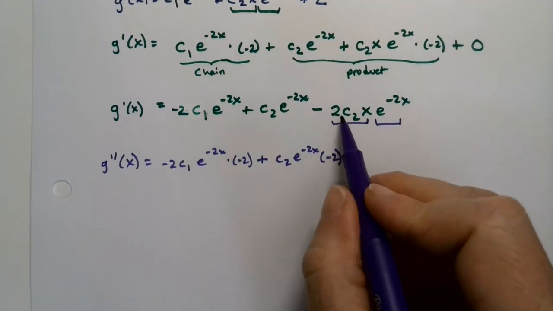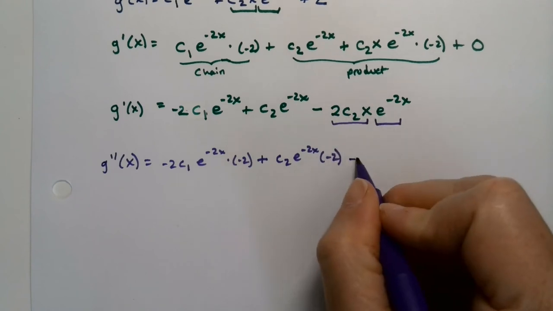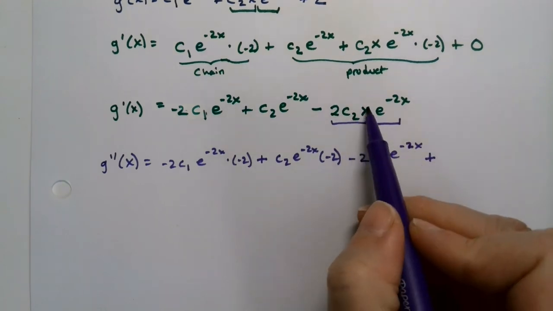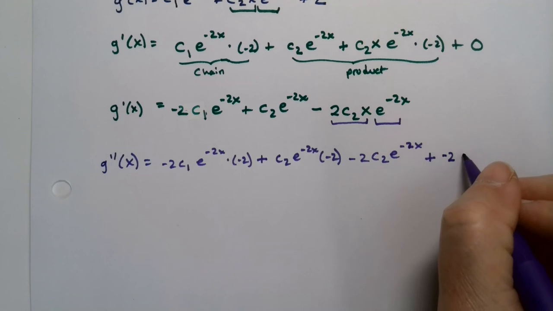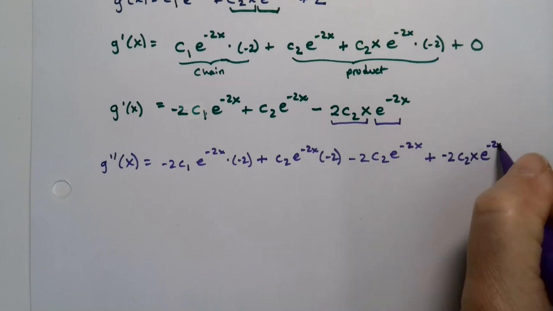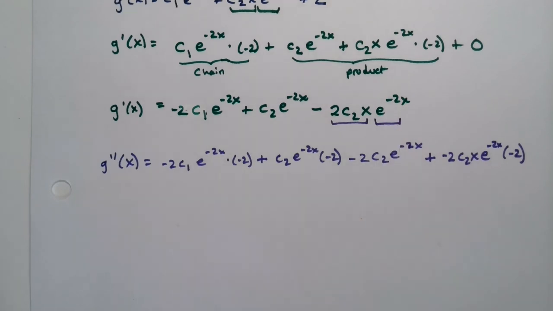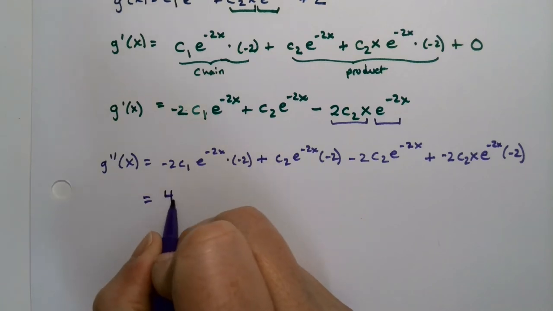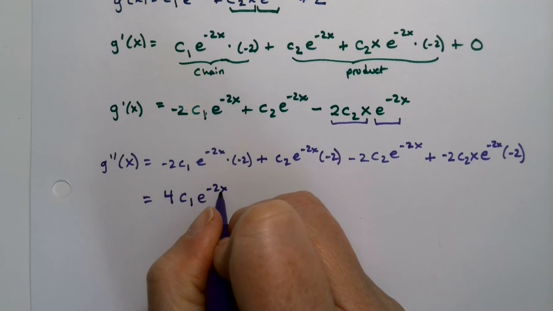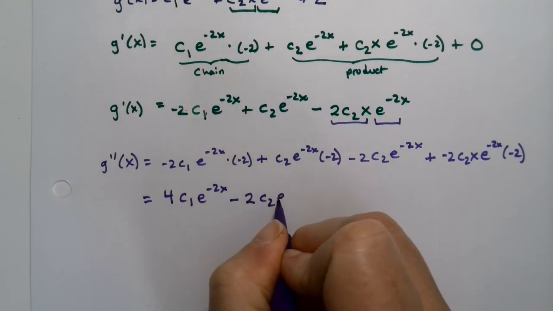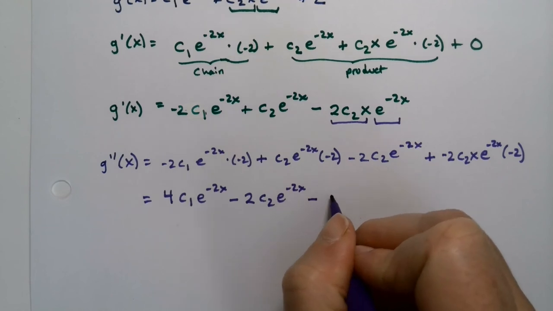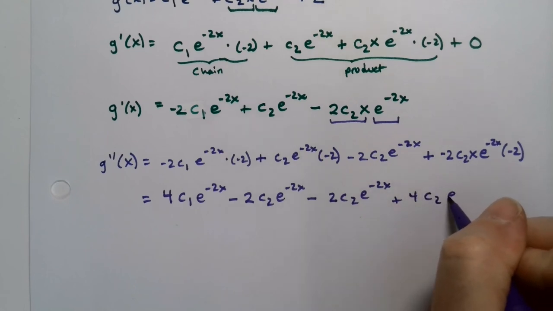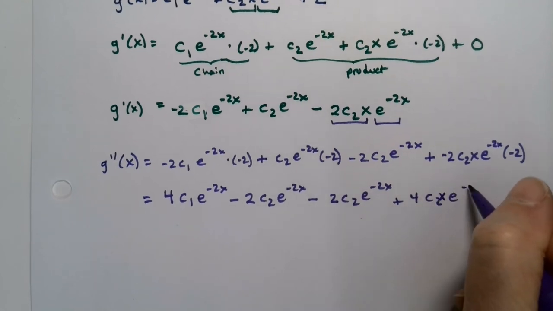So I would take the derivative of this piece, which is negative 2c2, and leave the e to the negative 2x, plus, now I leave the negative 2c2x, and then e to the negative 2x times negative 2. So I'm taking the derivative of the e to the negative 2x part. Well, that's a little bit ugly. So let's do 4c1 e to the negative 2x minus 2c2 e to the negative 2x minus another 2c2 e to the negative 2x plus 4c2x e to the negative 2x.